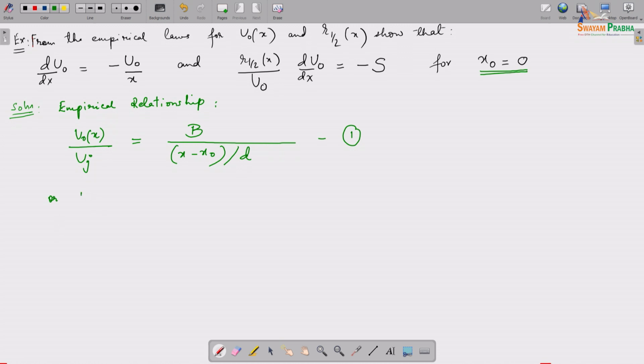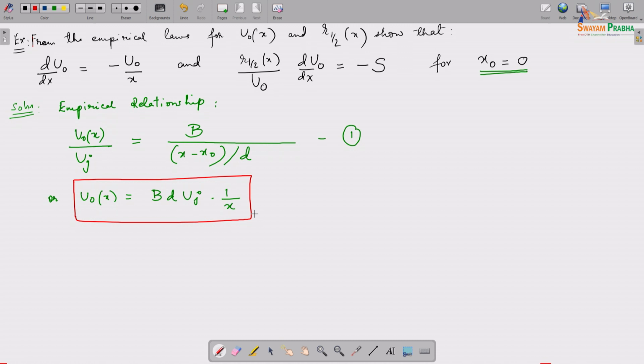I'm going to write an expression: u naught of x is equal to b into d into uj by x, since we have x naught equal to 0.